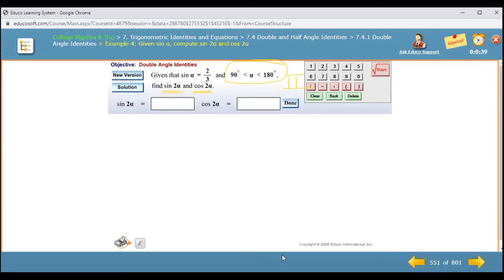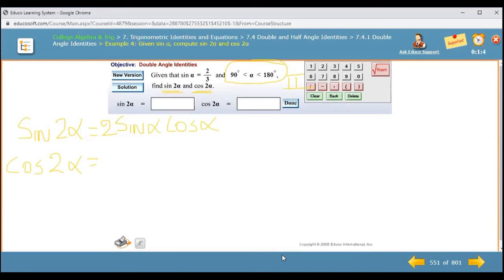First, I'll just write the formula. Sine 2 alpha is 2 sine alpha cosine alpha, and cosine 2 alpha. Now there are 3 different formulas for cosine 2 alpha. I'm just writing all 3 over here.